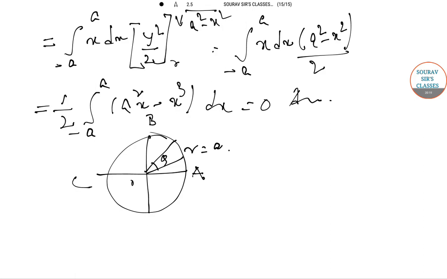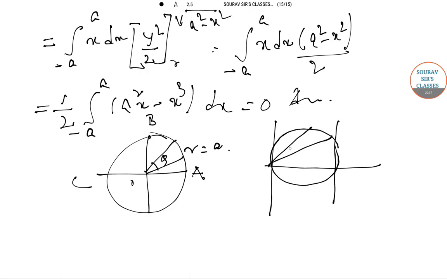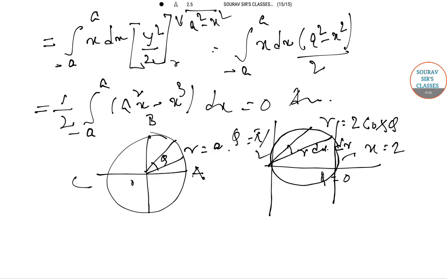Here r is 2 cos theta, your theta is 0, on this your x is equal to 2, theta is here pi by 2, and this is your y dash, this is your y, and this is your x.